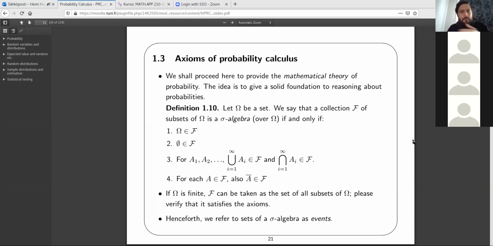Now, as a warm-up, think about two possible sample spaces, two possible situations for this omega. One should be continuous and one discrete. Discuss this possible collection F. It says here that F can be taken as the set of all subsets, but it doesn't need to be.